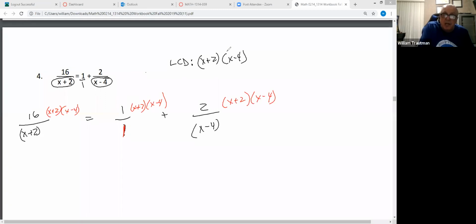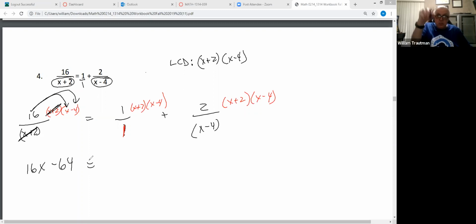What's nice about this is the bottom is going to cancel with something. Then I'm left with 16 times x, 16x, 16 times a negative 4, which is a negative 64. So then you distribute what's left over, 16 times x minus. I'm going to do this one over here. That cancels out with this, so I can distribute this. I'll do the middle one in a second.